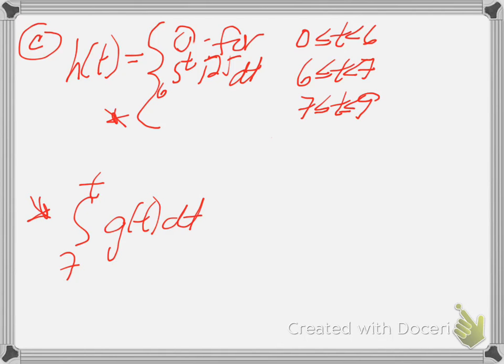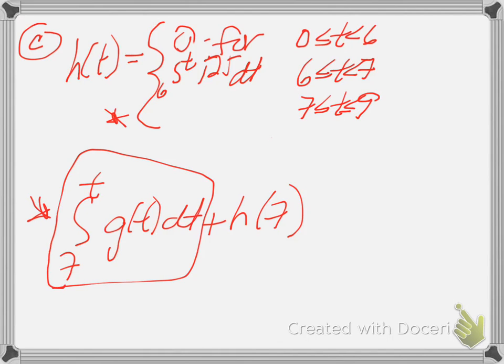At h of 7, didn't she also remove all that snow? This piece over here represents how much snow she would have removed from 7 to whenever. But you also have to consider, how did she get to 7? From 6 to 7, she had to take away snow. So h of 7, yeah, h of 7.